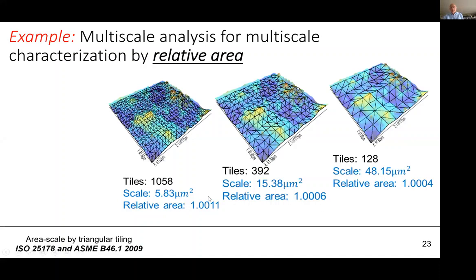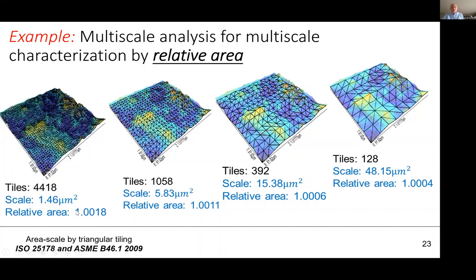Relative area goes up as scale goes down. Now, this doesn't appear to be going up very dramatically, and that's not the key question. The key question is, can this help us discriminate or differentiate two surfaces or two groups of surfaces, or can it help us with correlations?